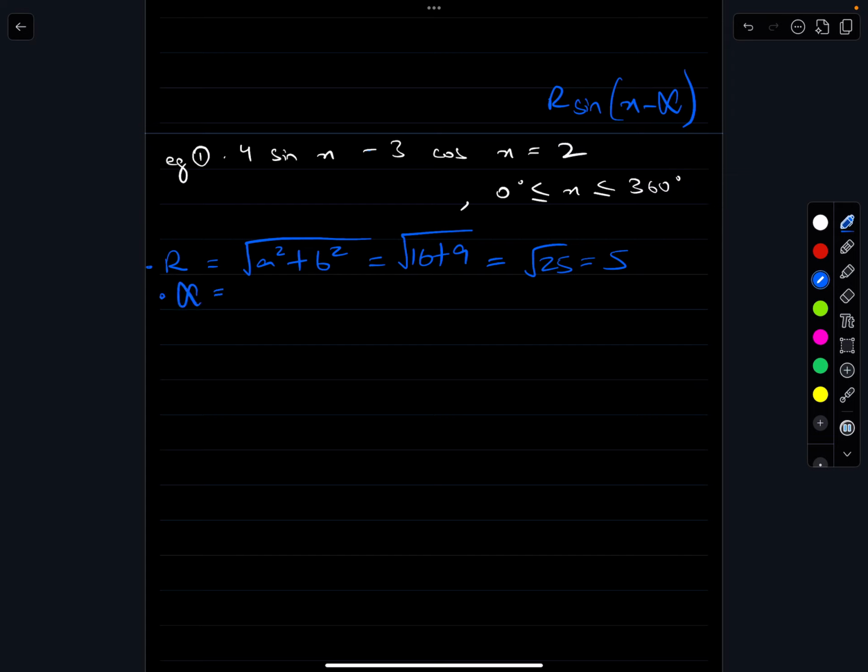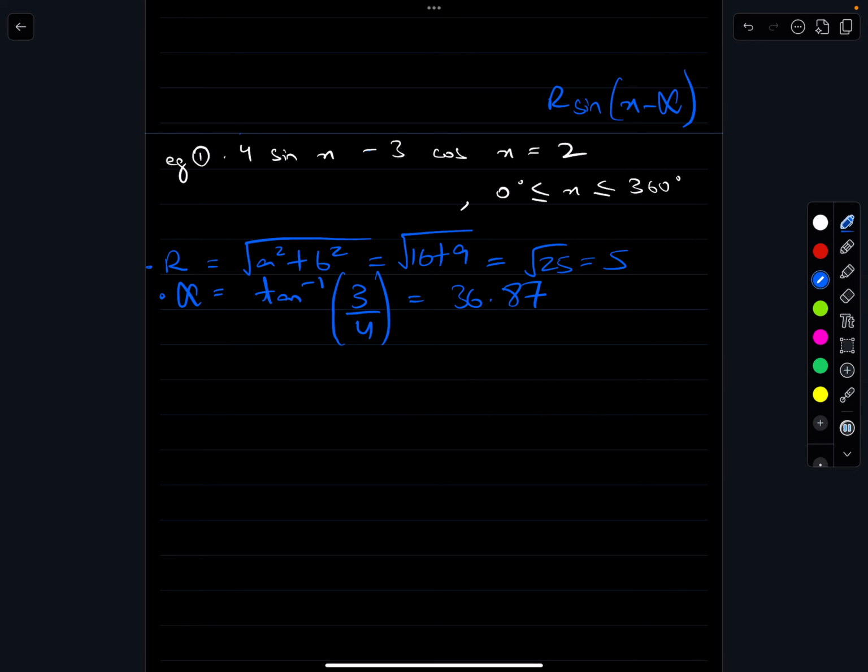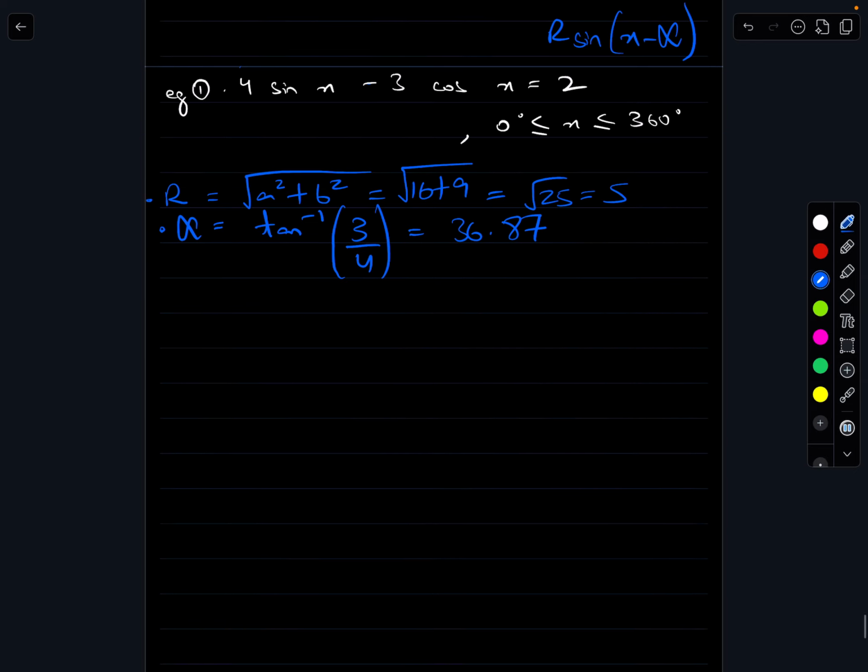So alpha is tan inverse of 3 over 4, b over a again. This would give me 36.87. Again, there is a background process to why we have these formulas, but you need not know them at this stage. And then we had to express it in this form.